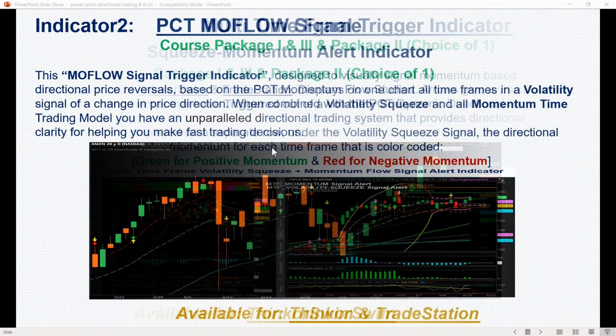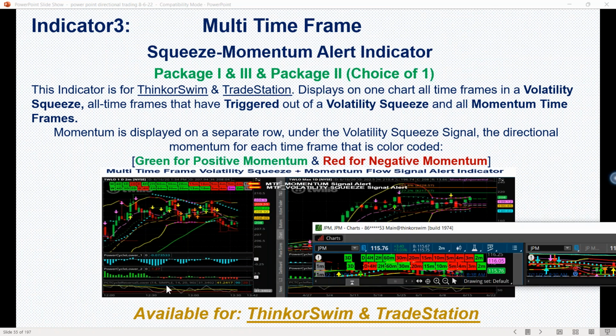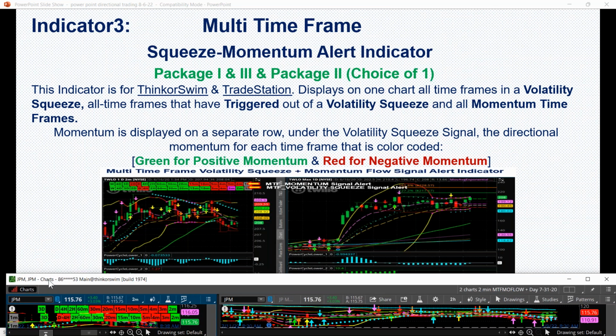So you'll get my indicator 3, my multi-time frame squeeze momentum alert. You'll get this for package 1 or 3, or it could be one of your choices. This is a really great tool that I like to use to signal, so I can look at one chart and see the momentum shifts. Here's what that looks like down below. I'll show you an example for JP Morgan.